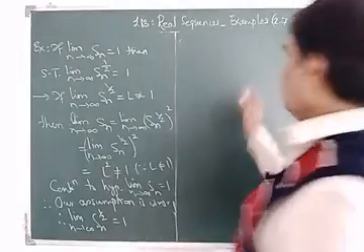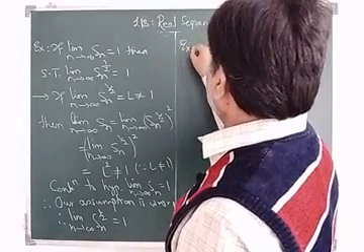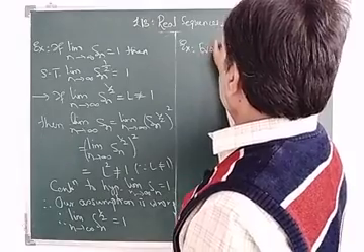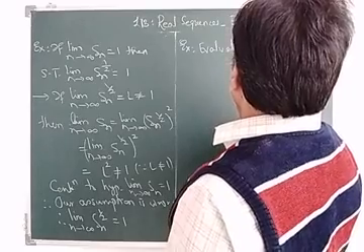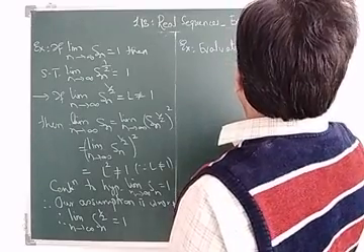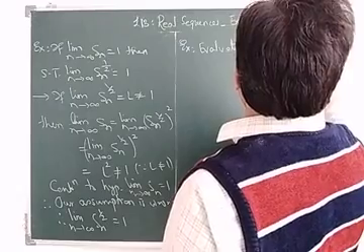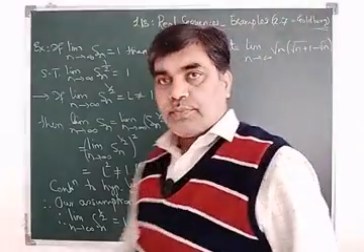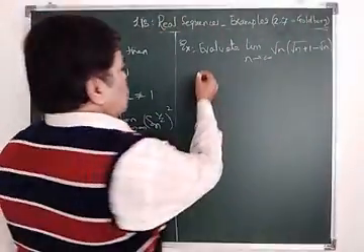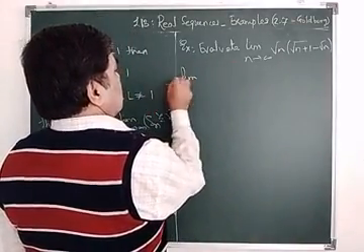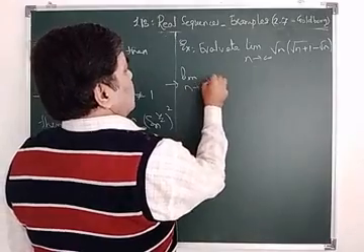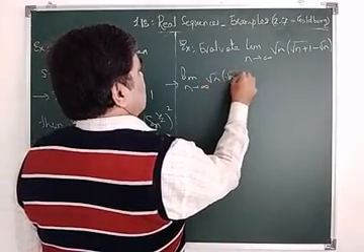Next example, evaluate limit n tends to infinity of square root n into square root of n plus 1 minus square root n. So this is equal to root n into root of n plus 1 minus root n.